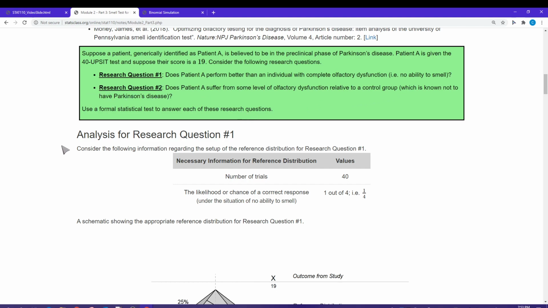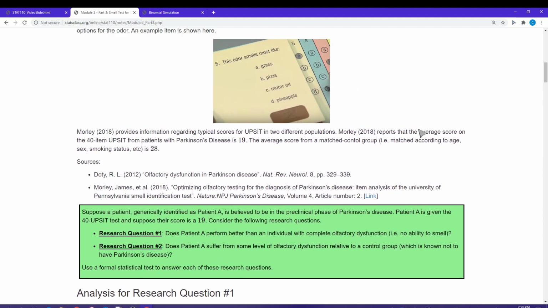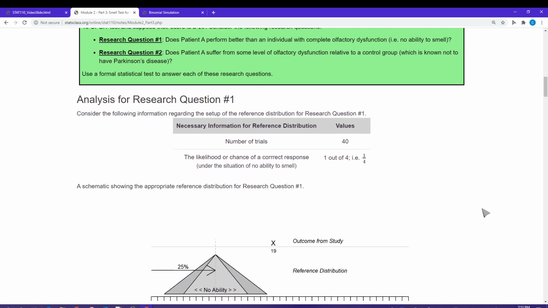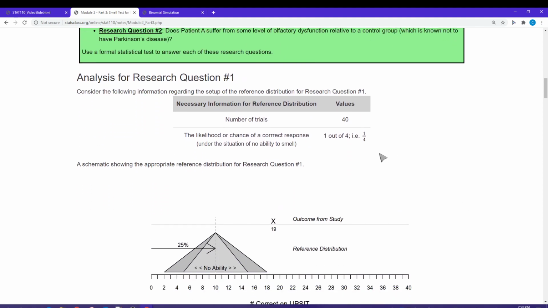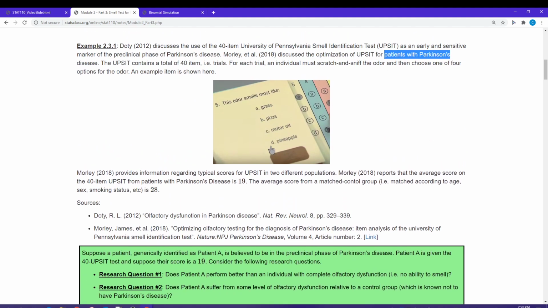Okay, so let us first consider question 1. The number of trials for this investigation is going to be 40. Again, this smell test was 40 items. They had to smell 40 different things and specify a response. If somebody has no ability to smell, then if we go back up and look at the note card, they're going to just have to randomly select one of those 4.